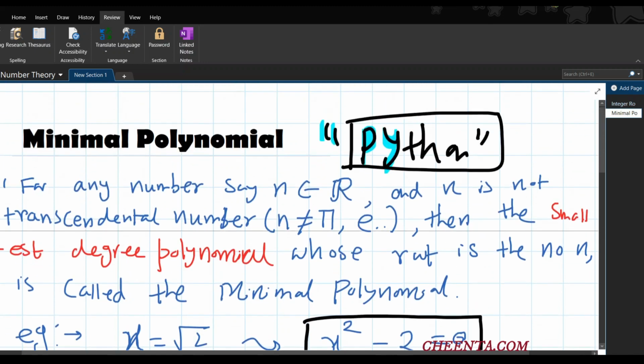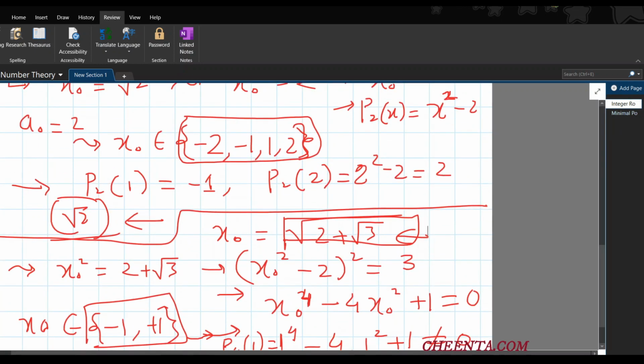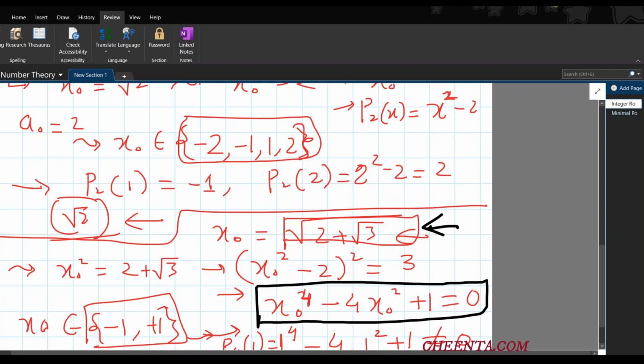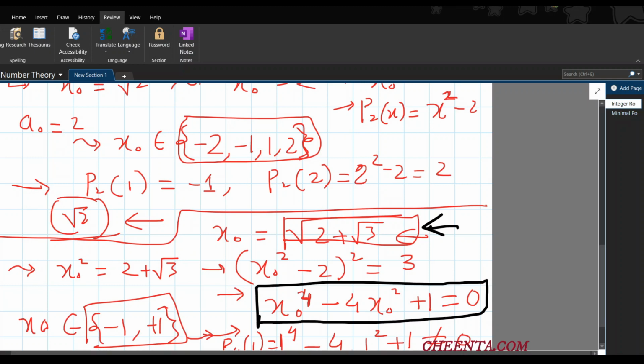You have also seen in the previous case that the smallest polynomial for that particular number is this one, x to the power 4 minus 4x square plus 1. You can find many more polynomials, but this one is the smallest, and you can actually use this particular one. I hope it is clear.